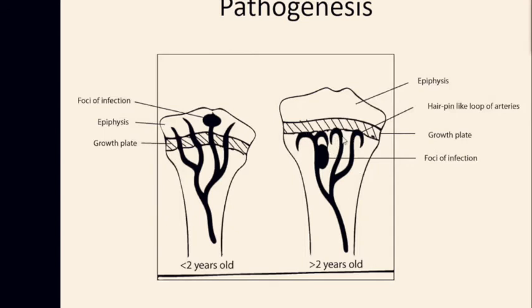In older children, it forms a very peculiar type of system here, which is known as the hairpin loop. If you look at this, it is bent this way and forms a loop. This artery system forms a loop and goes to the venous sinusoid and then the venous system. The significance of this is that there is blood stasis in the metaphyseal area.